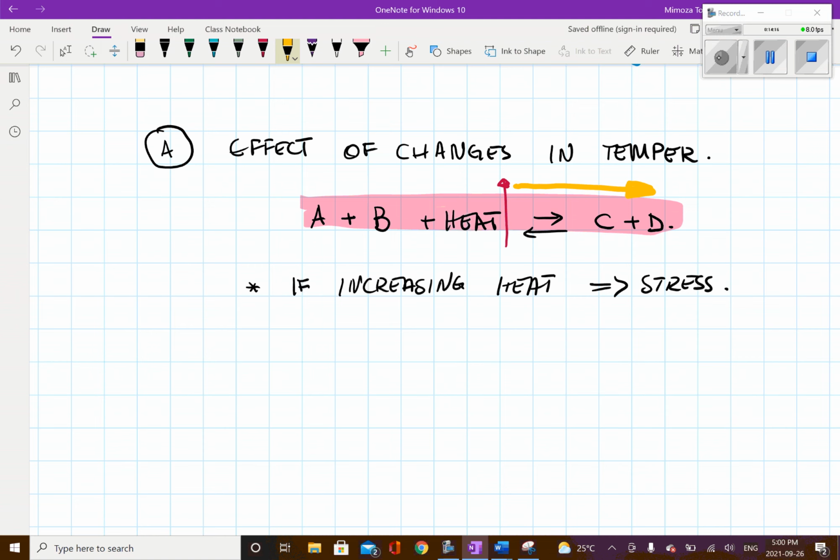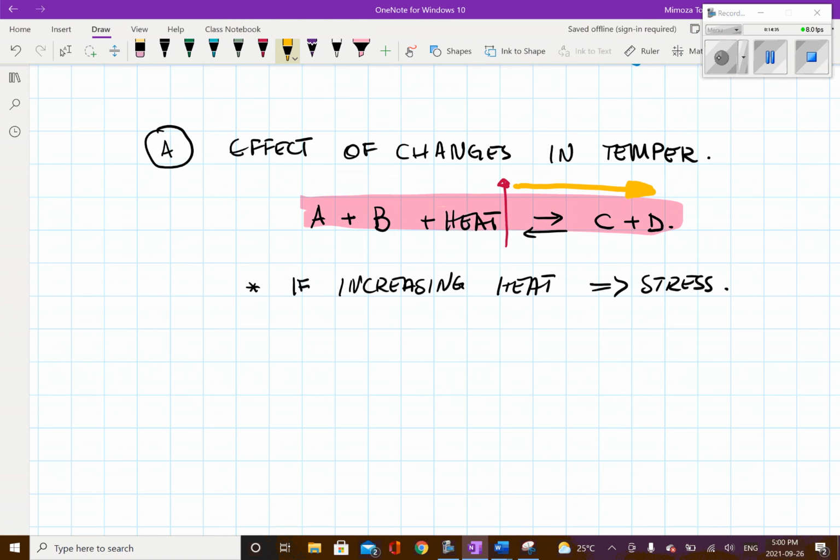Okay? So if we increase the temperature, the system will try to use up the heat. How is it using it up? By taking that to the other side of the equilibrium.